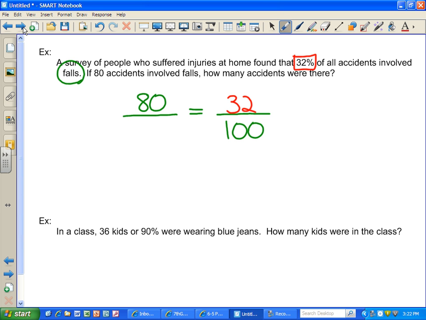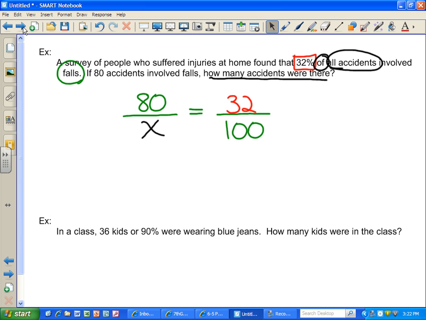If you look back at the 32% and at that key word of, 32% of all accidents, the of goes on the bottom, which we don't know, because we don't know how many total accidents there are. And that happens to be the question: how many accidents were there? Again, to solve it, you cross multiply. 80 times 100 is 8,000.